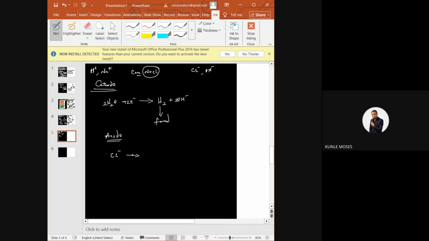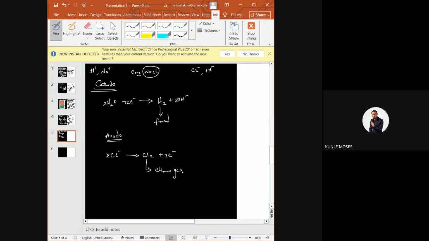So let's just continue with electrolysis. Don't let us digress. So Cl minus gives chlorine, which is diatomic, plus e minus. Now that would be 2Cl minus, so 2 minus will give us 2e minus here. So it simply means chlorine gas is formed. So basically, the electrolysis of concentrated NaCl is used to form chlorine gas.